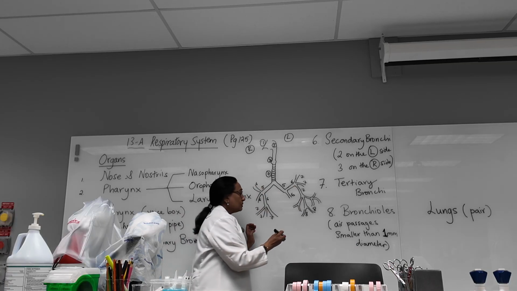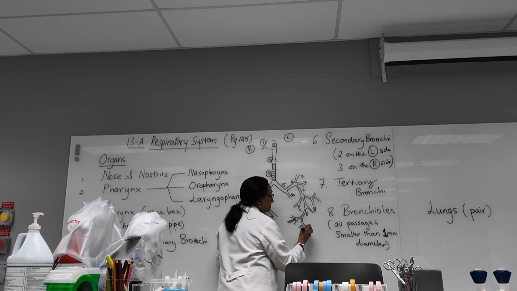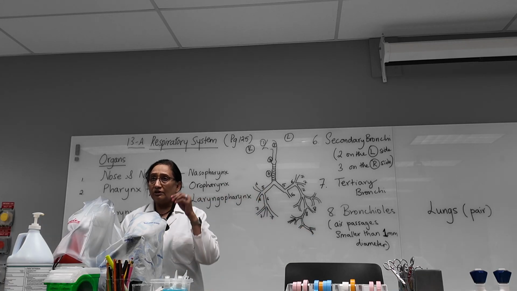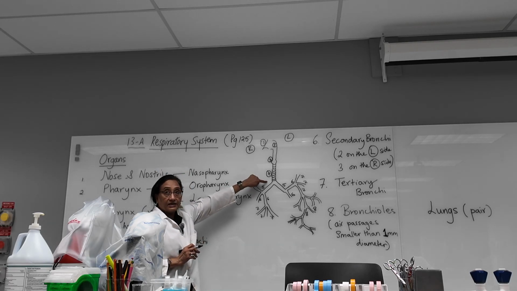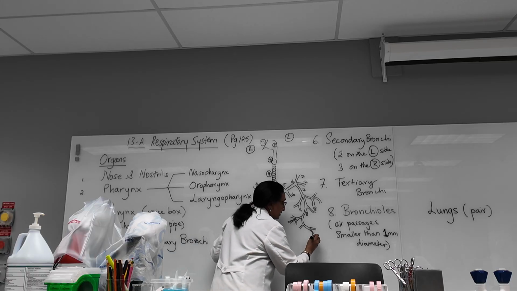Okay, this will continue to divide as it goes deeper into the lung tissue. If you look at how many times it divides, starting from the trachea all the way to the final branch, I'm going to number this 9.